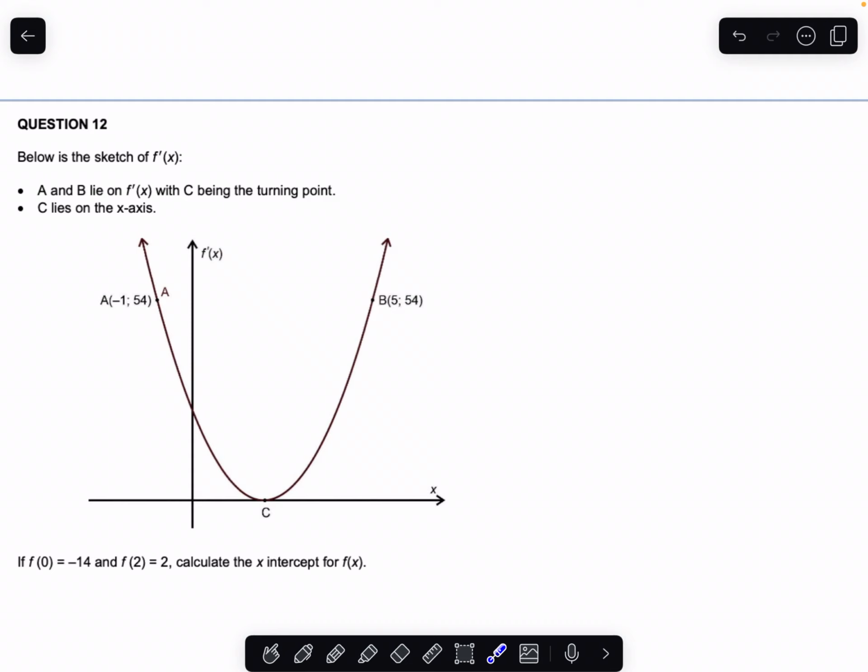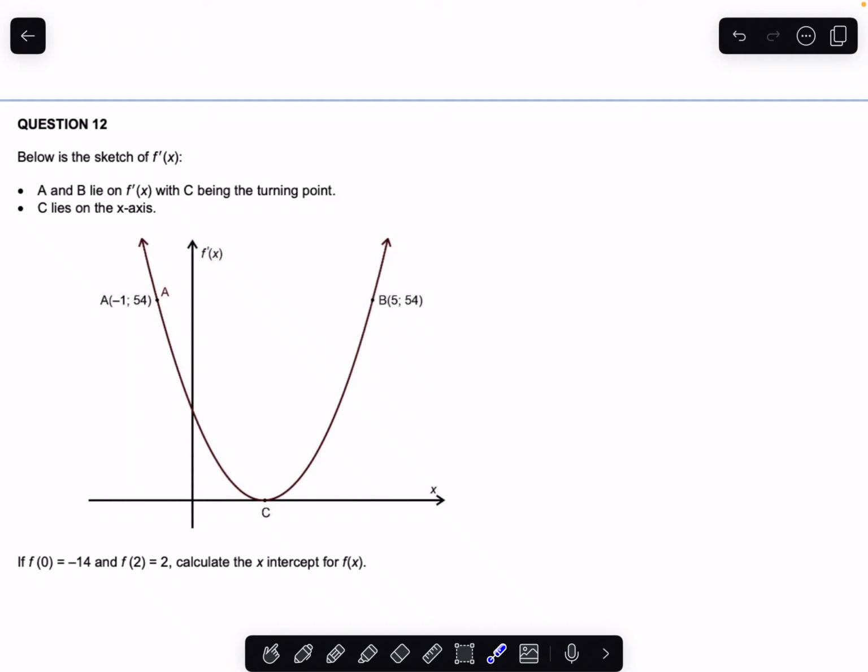Just a disclaimer, I'm going to refer to the gradient of the curve f of x, which isn't really correct, because gradient is the steepness of a line segment between 2 points, at least as I understand it, whereas with a curve the gradient changes, in inverted commas, from point to point.